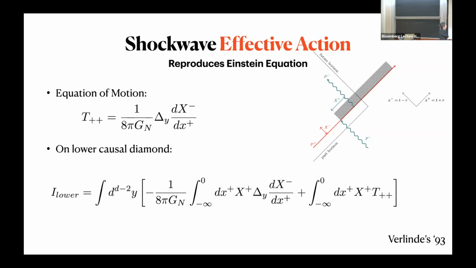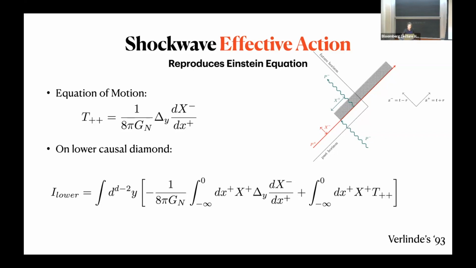And the shockwave action that would generate that equation of motion, you can just call it an effective action, depends on the product of these light ray operators. And you can quickly check that, as you would expect, the on-shell action vanishes on both the lower and upper parts of this causal diamond.